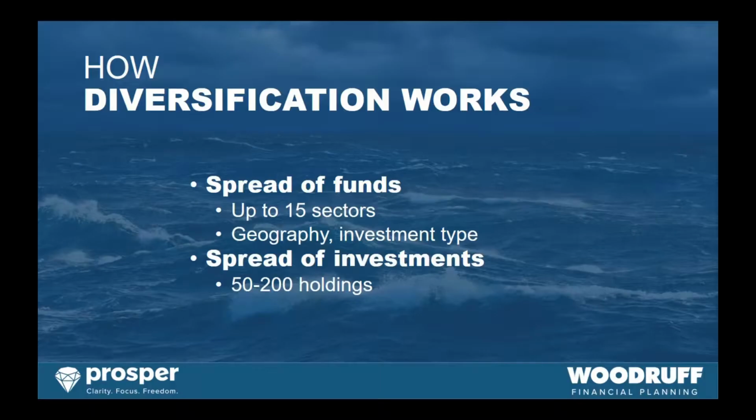Just to give you some background as to how diversification works, it describes the spread of your investments across a range of different funds and a range of different sectors. In our model investments at Woodruff Financial Planning, we use up to 15 different sectors depending on the risks you're taking, whether you're investing for capital growth, and whether you're investing for income.